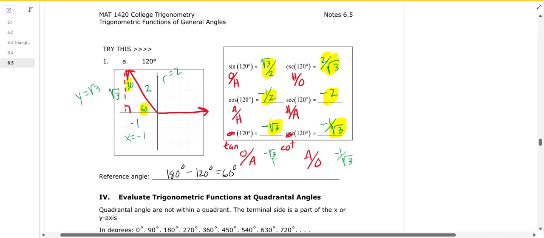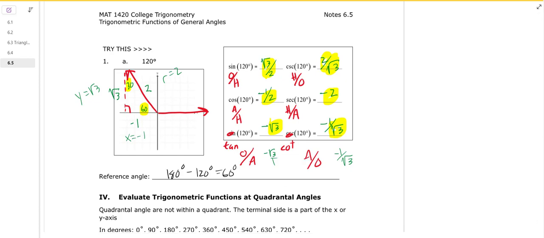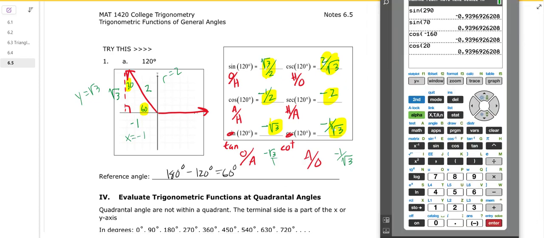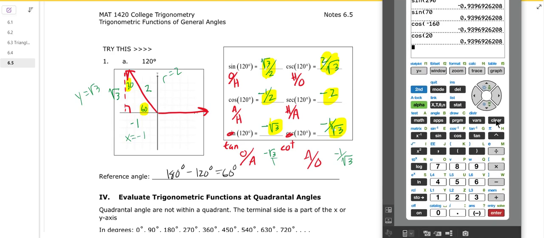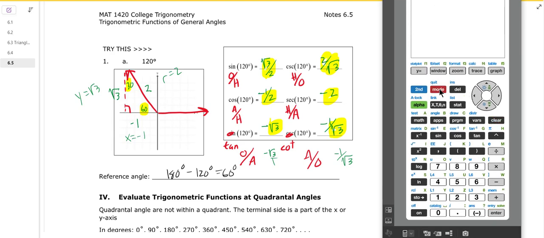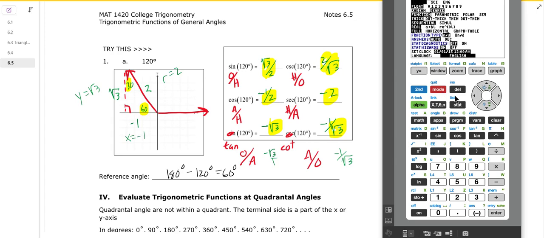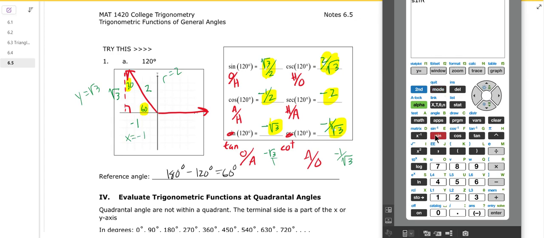I did the right triangle definitions, and then I've got that. One thing I want to mention: when you're doing your homework, you want to go through this methodology. You can use your calculator to check your answer on these problems anytime you want to. I'm in degree mode, I believe, so that's good. If I just go through and do sine of 120 degrees, I'm going to get this decimal value.